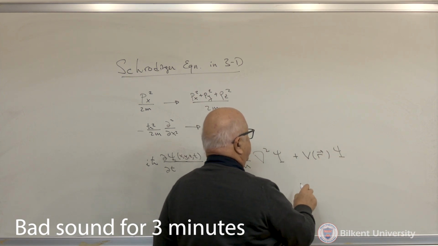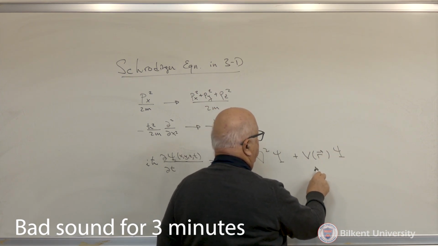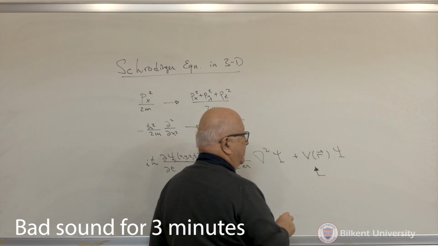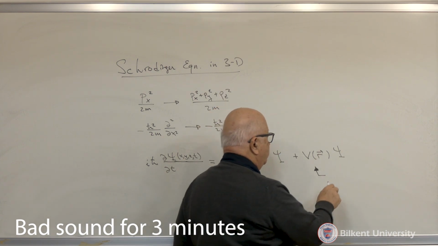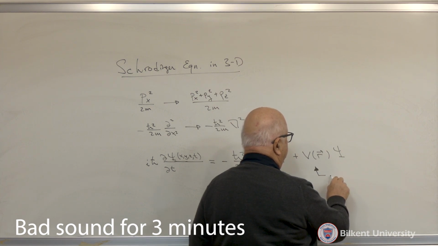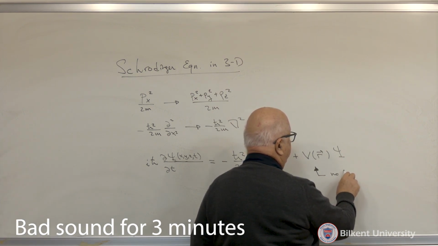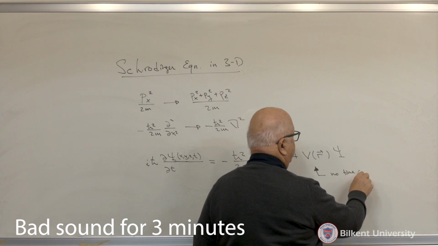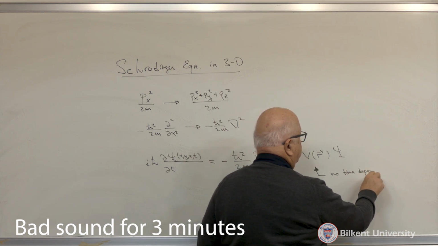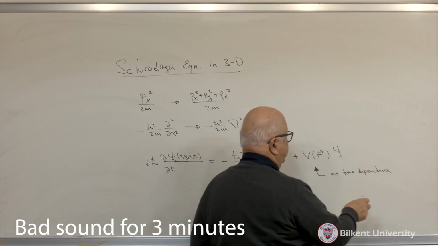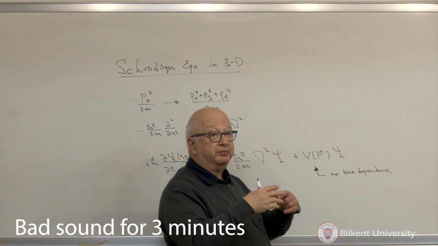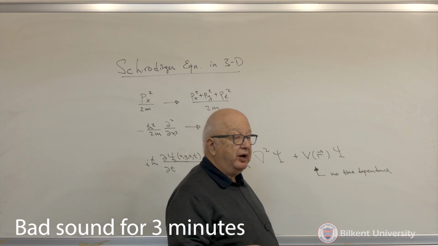So for the purposes of this course, usually we'll take this as having no time dependence for the potential. So it's going to be just a static potential in which the particle is moving.